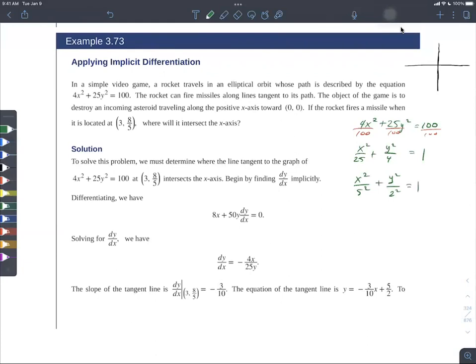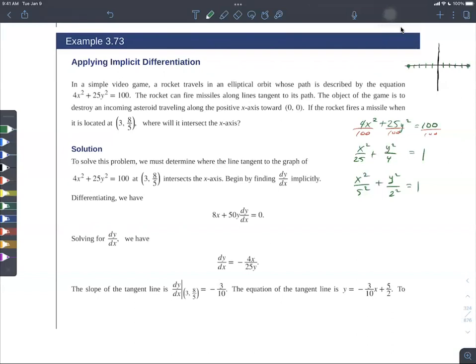And so what this tells us is this ellipse is going to be centered at 0, 0. And in the x direction, it is going to be 5 units wide from the origin to both the left and right. So if we go 1, 2, 3, 4, 5, 1, 2, 3, 4, 5, we have these 2 points here.